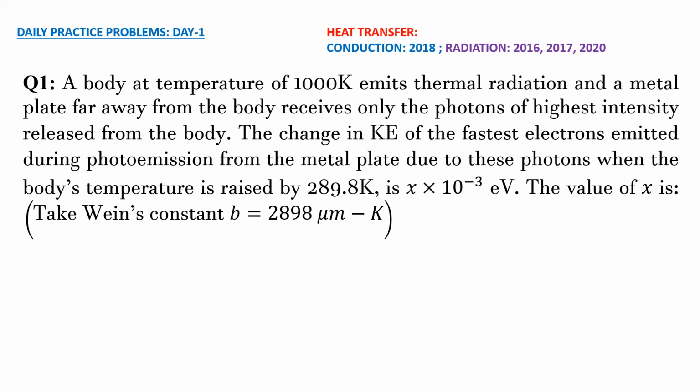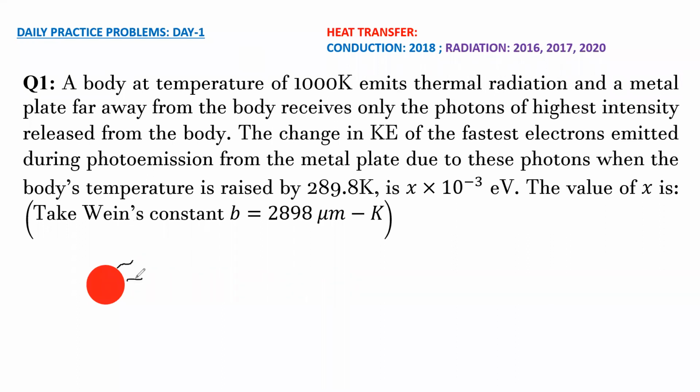Please pause the video and try to solve this problem, and then I will discuss the problem. So hope you have tried. Now, in this problem, what is the concept? You have a body which is at some temperature of 1000 Kelvin, and it emits radiation.